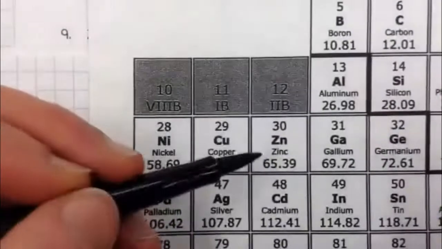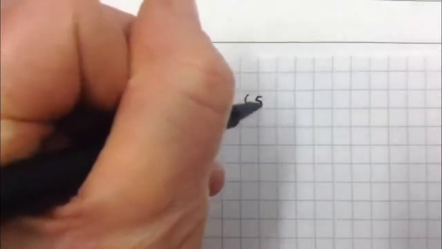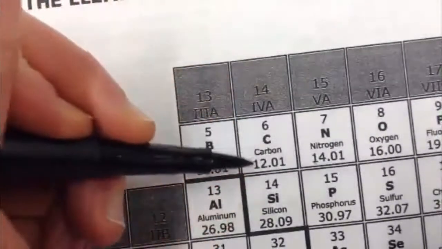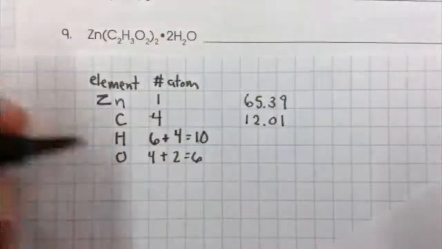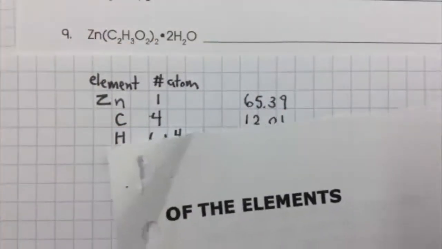Well, that's pretty easy. We'll start with zinc, 65.39, and carbon, we just saw that, 12.01, hydrogen, of course, hydrogen always being difficult, on the other side of the table.